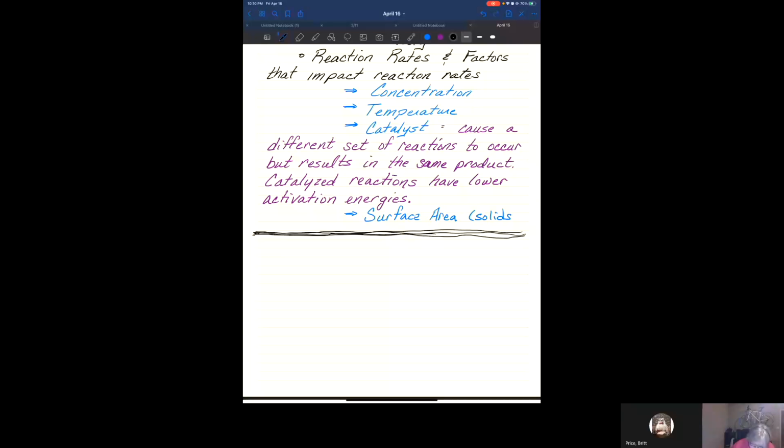So chemical reactions occur whether we study them or not.